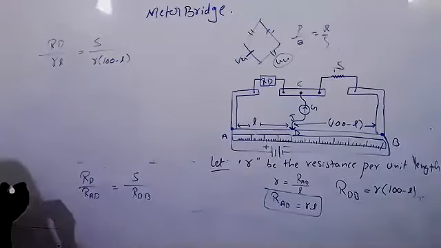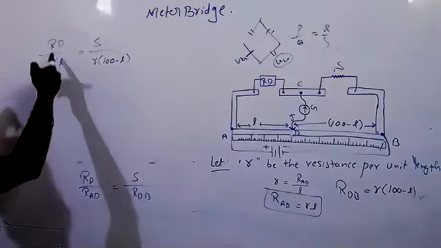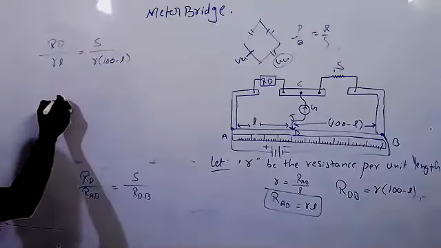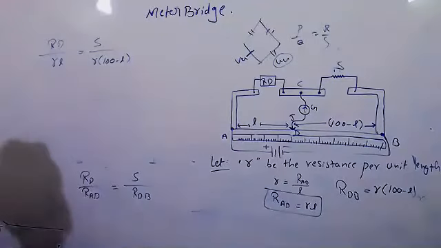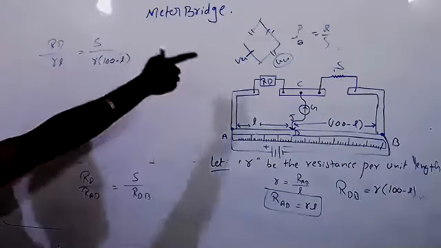So if you want to find out S, or R, we can find out anything. If S is the unknown resistance, we can find that.